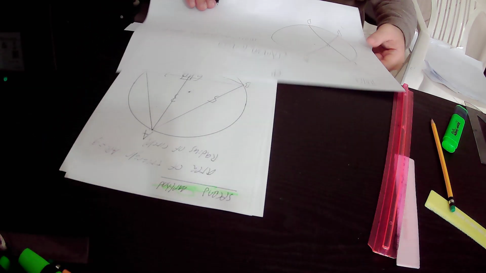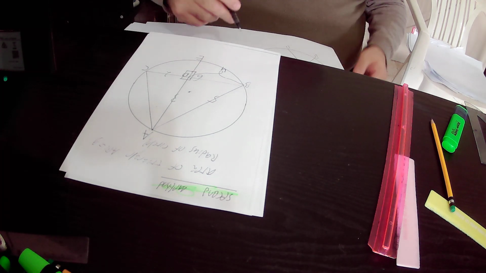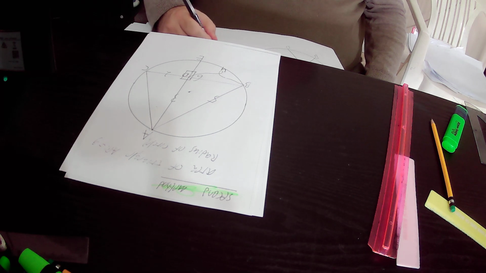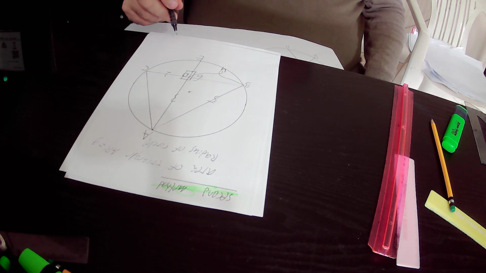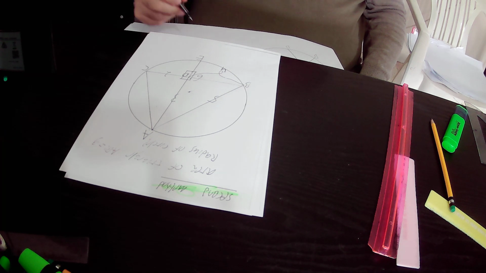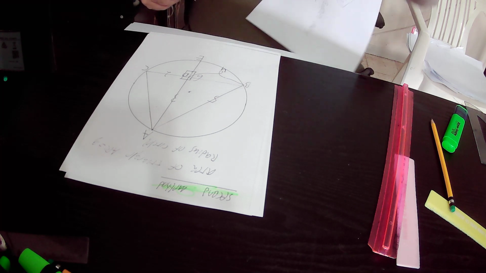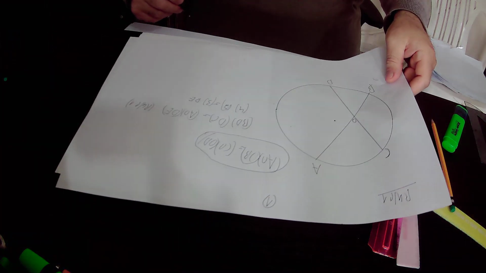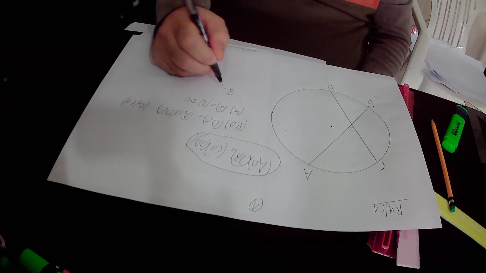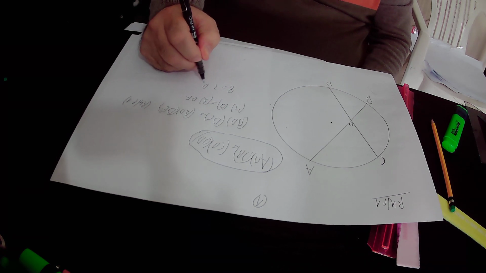Here BD equals 4 units, DC equals 2 units, AD equals 3 units, and DE is the missing line segment, so we leave it as it is. So in conclusion, according to rule number 1, we found that 4 times 2 is 8 equals 3 times DE.